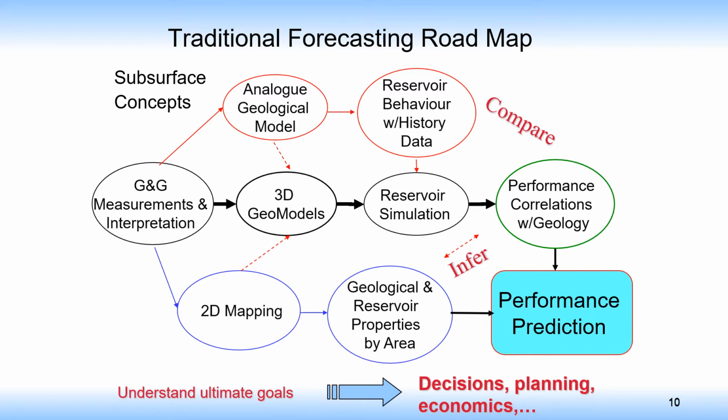But the key is the 3D modeling right here, going to simulation, getting those performance correlations with the geologic parameters. And so the geomodeling is the focus of the talk here. So we're going to focus on this and some of the key parameters for our studies.